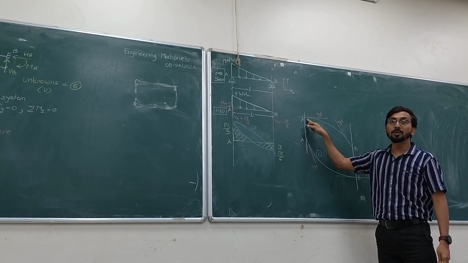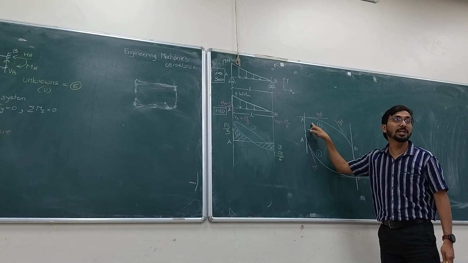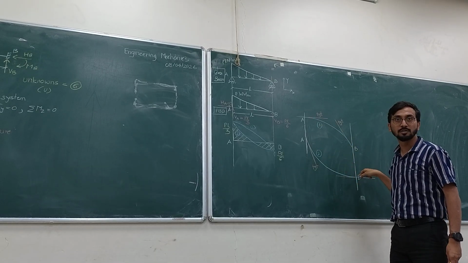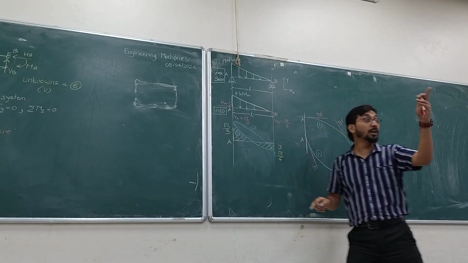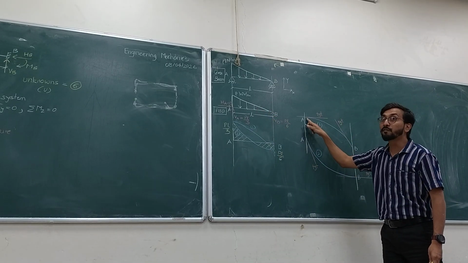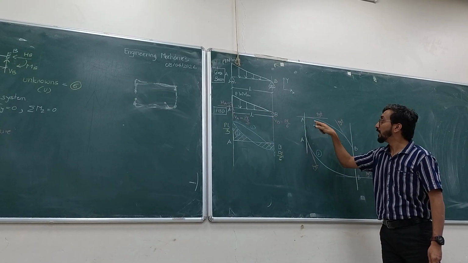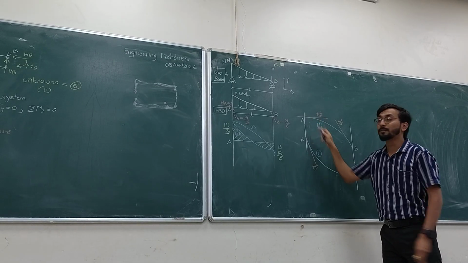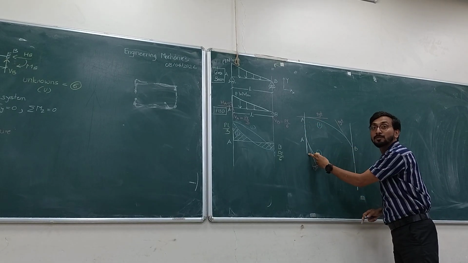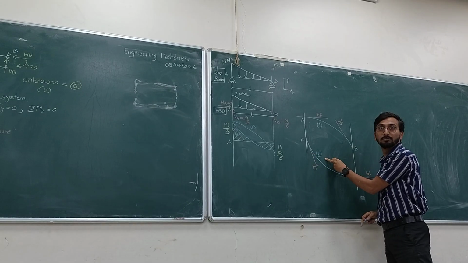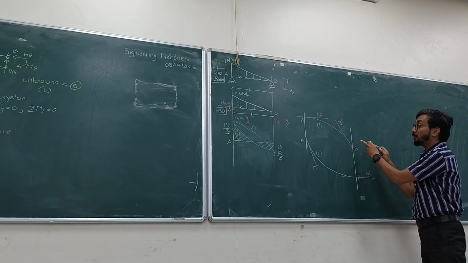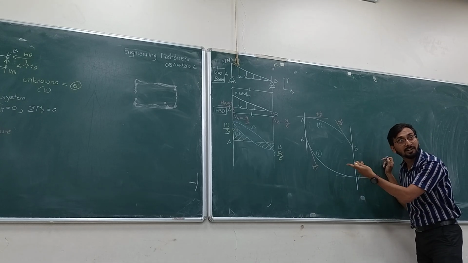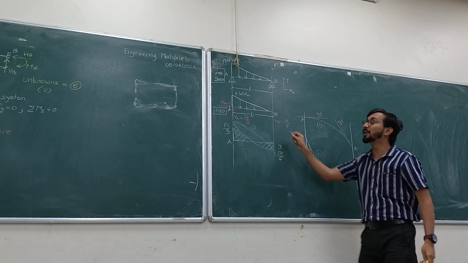I have given you 2 curves of variation: this is one curve of shear force, this is second curve of shear force and this is the loading diagram. What is your observation? Shear force curve in curve number 1 has 0 slope at A and maximum slope at B. In 2, maximum slope at A and 0 slope at B. Can you connect this 0 slope and maximum slope to the loading diagram?